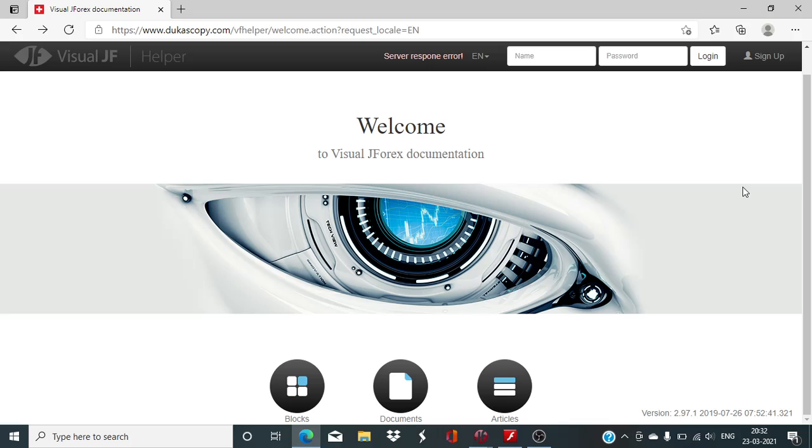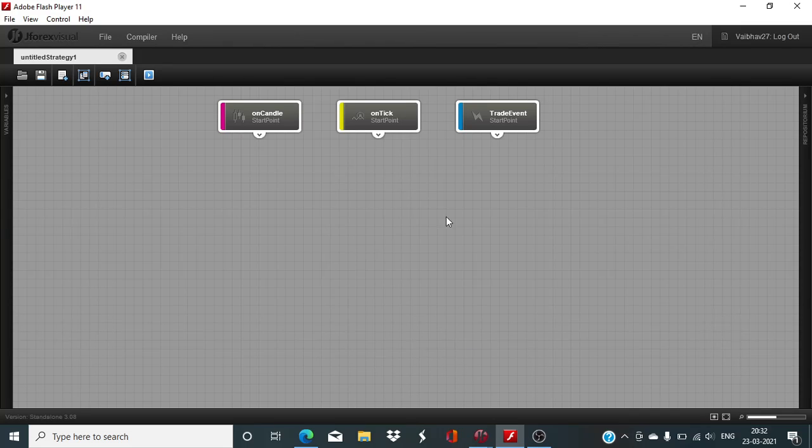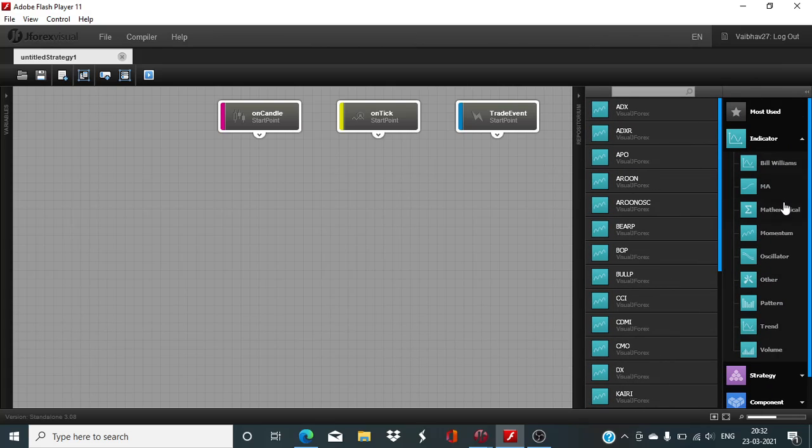So we will see how we can utilize this indicator to design and develop the algorithm on the Visual Jforex platform, which has been developed by the Dukascopy Bank SA. You will find this indicator listed amongst momentum indicators just below the Arrow indicator. Here it is.